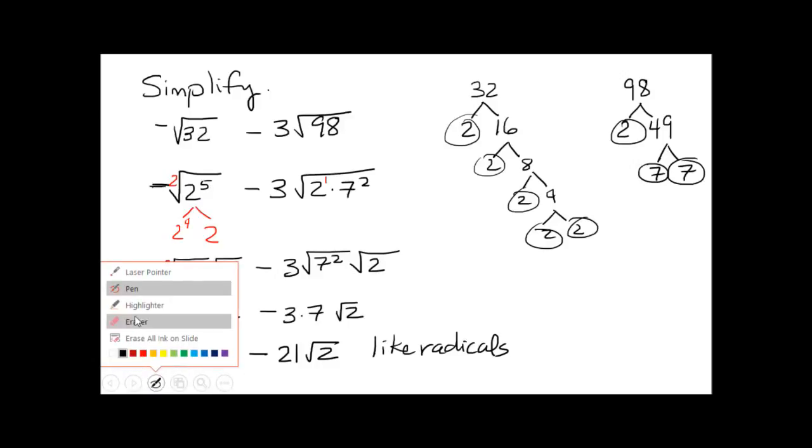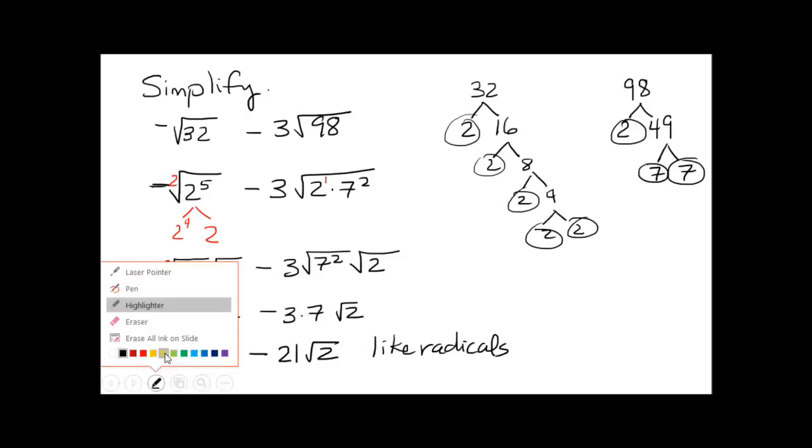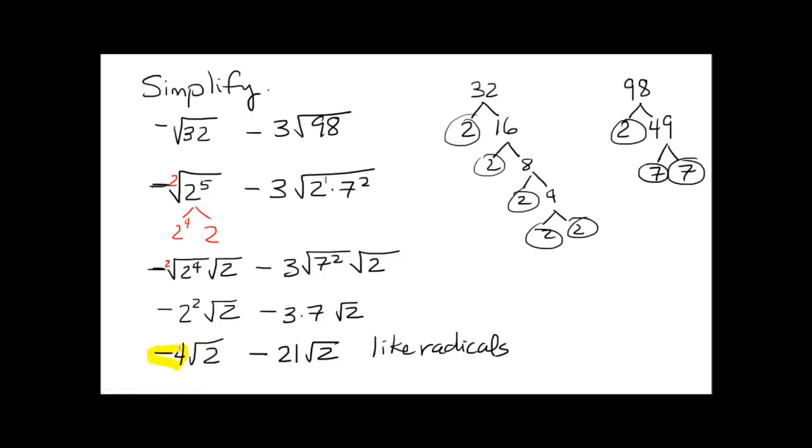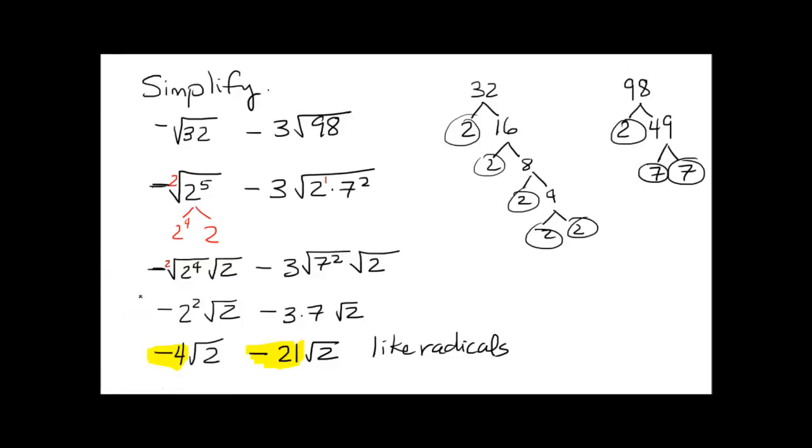We just add their coefficients, or in this case, subtract, right? So the coefficient here is -4. We want to subtract 21. So -4 minus 21 would be -25 root 2. And so that would be our solution.